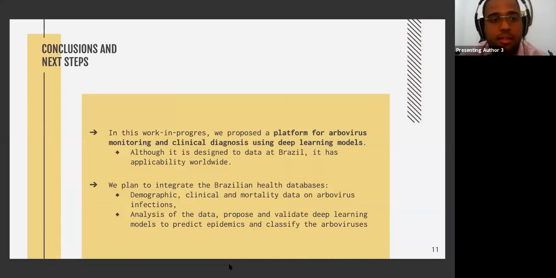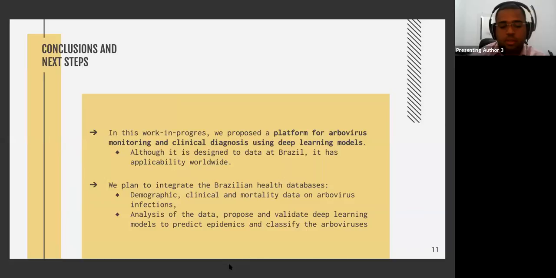Conclusions and next steps: this work is in progress. We proposed a platform for arbovirus monitoring and clinical diagnosis using deep learning models. Although it's designed for data from Brazil, it has applicability worldwide.